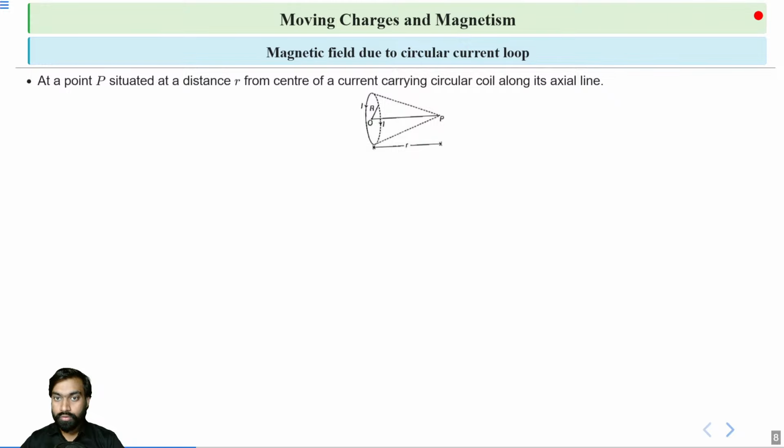Look at the figure here, it shows the setup. The coil lies in the plane and the point P is on the axis extended outward at a distance r.